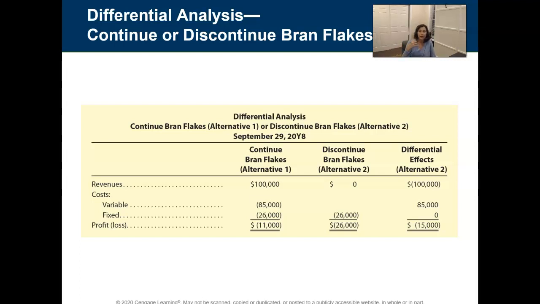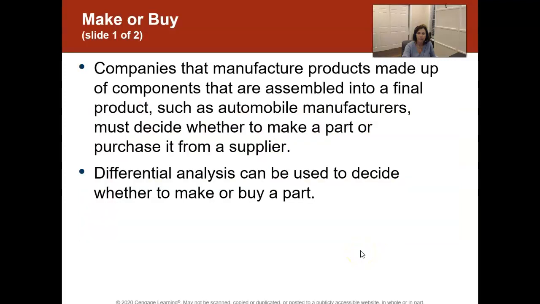So this is one of those cases where looking at something on its face might seem really obvious. Well, it's losing $11,000, we just won't make those anymore, and then we won't lose $11,000. But in fact, because that product is absorbing some of our fixed costs, we will do worse without the revenue from that to help offset some of those fixed costs.